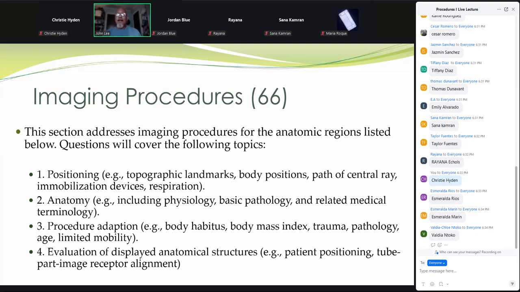So there's quite a bit of information, but again, use the ARRT specifications and be sure to go through Appendix A and Appendix B in that manual so that you can check off all the things that you need to know.